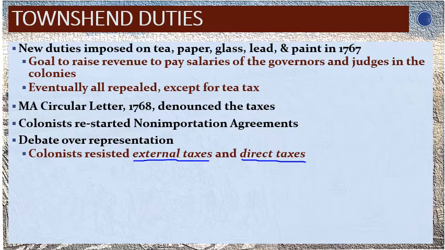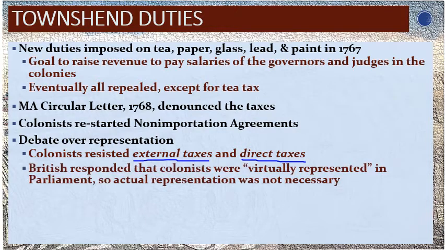And the debate over these kinds of taxes and whether they're right or wrong, whether they're appropriate for America or not, leads colonists to ask the question, why aren't we represented in Parliament? Why don't the colonies have a seat in the British government to say, here's what the colonies think about all these issues?